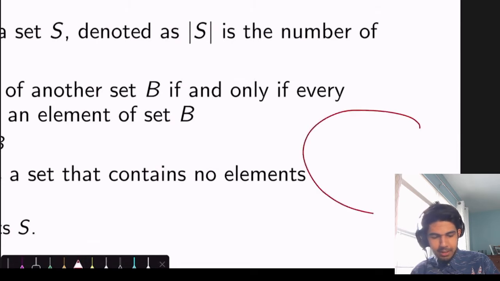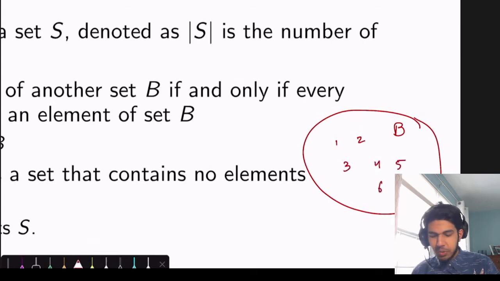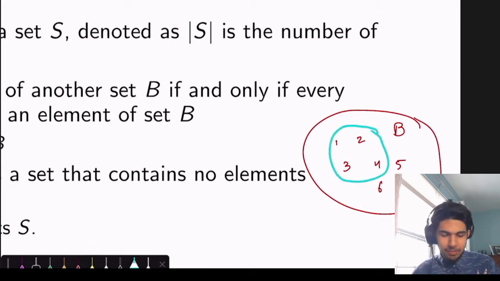say we have this circle, and we call this B, and there could be some elements in here. Let's say they're numbers 3, 4, 5. Let's say that's our set B. So S is a subset if we can draw this circle here.